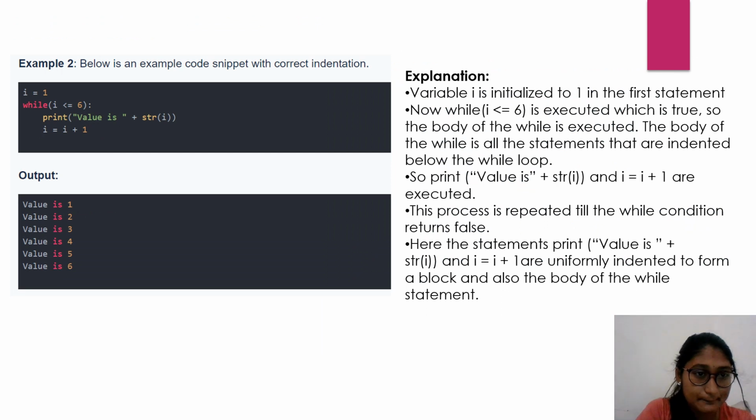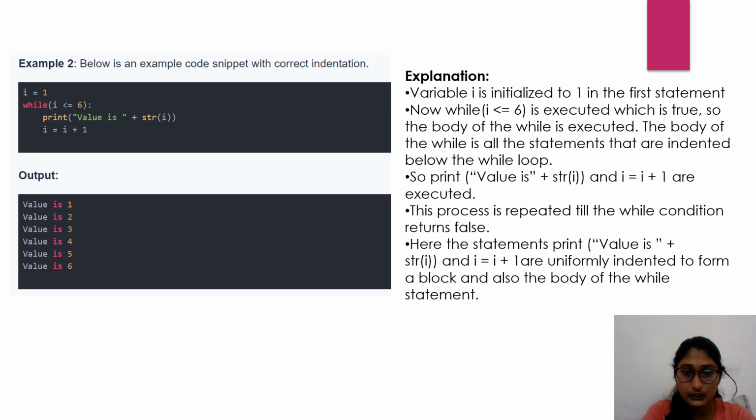Below is another example. See the explanation of this example. The variable i is initialized to 1 in the first statement. Now the while condition is evaluated, which is true, so the body of the while is executed. The body of the while is all the statements indented below the while loop.